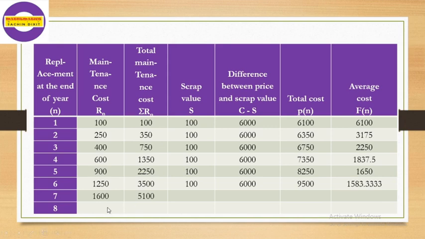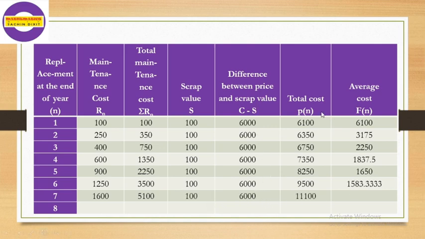For the seventh year maintenance cost is 1600. The total maintenance cost up to the sixth year is 3500, and the seventh year's maintenance cost is 1600. Then the total maintenance cost up to the seventh year is, we add 3500 plus 1600, we get 5100. That is the total maintenance cost up to the seventh year. Then the scrap value is constant, this difference is constant.